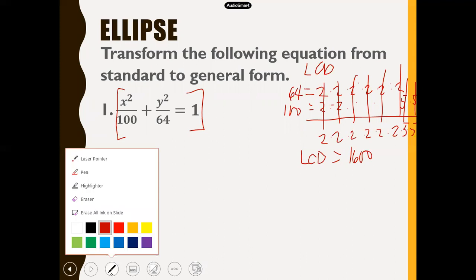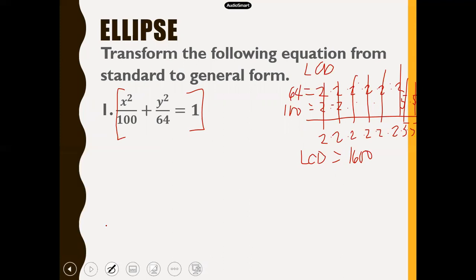So ang LCD na yan is gagamitin natin para mawala ang denominator ng equation mo. So para maging into general form. So which is 1,600 ang LCD. Okay. This time 1,600 divided by 100 is 16. 16 times x squared is 16x squared plus you have 1,600 divided by 64.